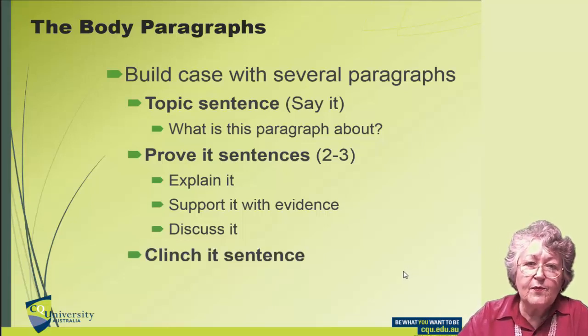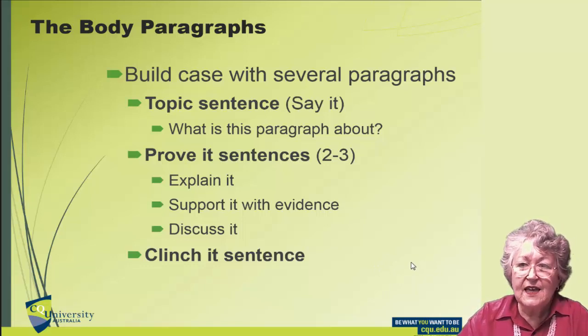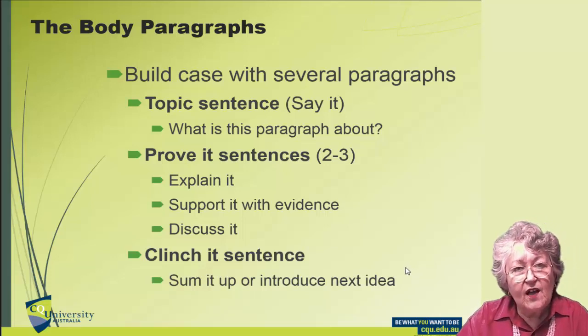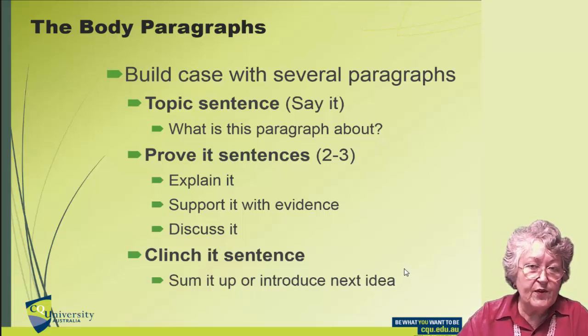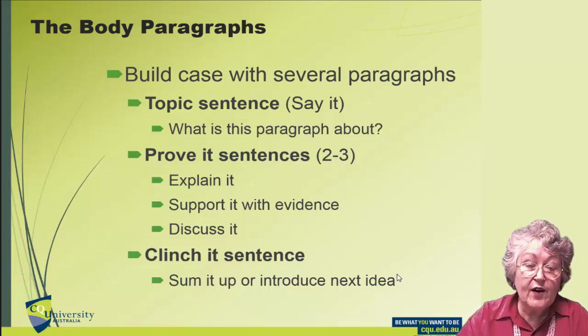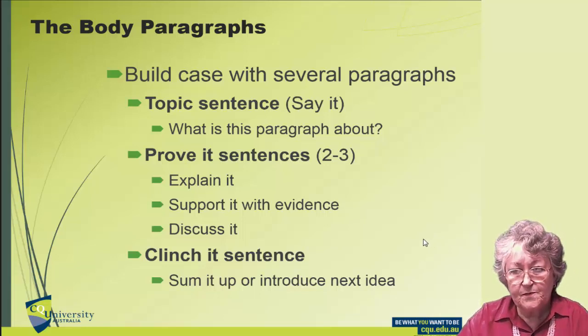And then we follow up the final sentence in any body paragraph with a clinch-it sentence. That is, what on earth was this paragraph about and why is it important? So you can either sum up the paragraph you've just written, or if your idea travels across 2 paragraphs, then you might introduce the next idea or the next stage of that particular idea.